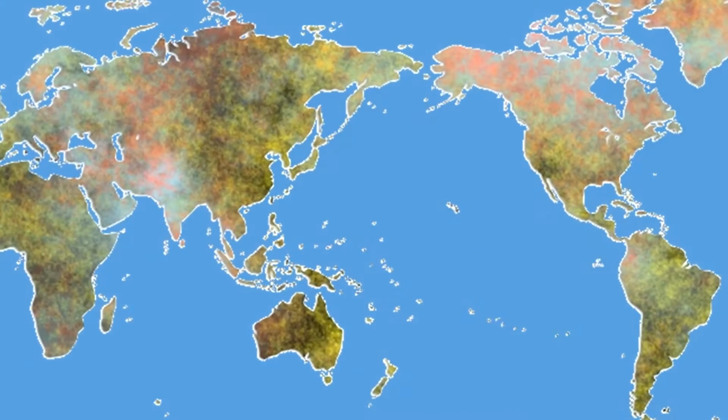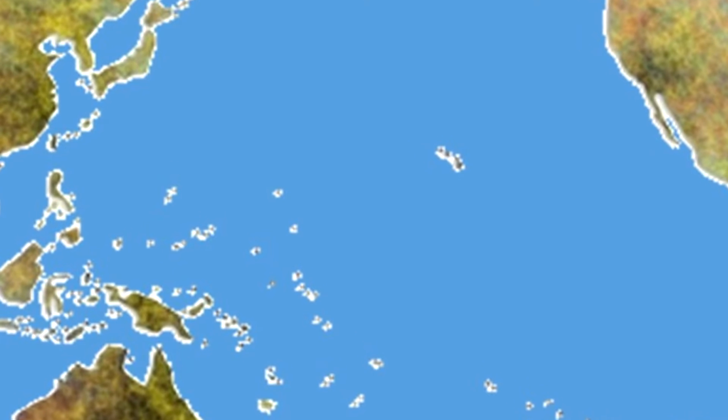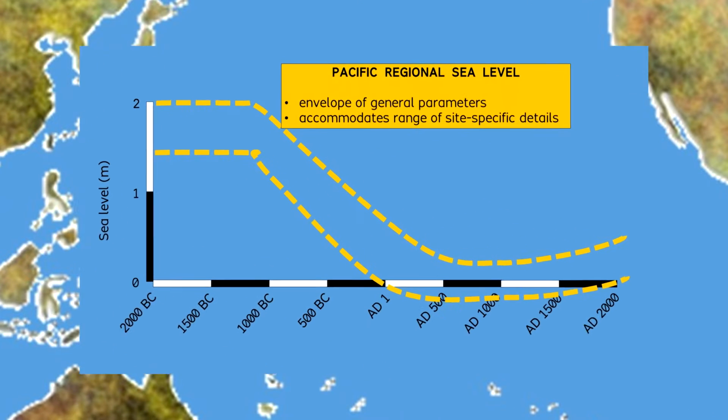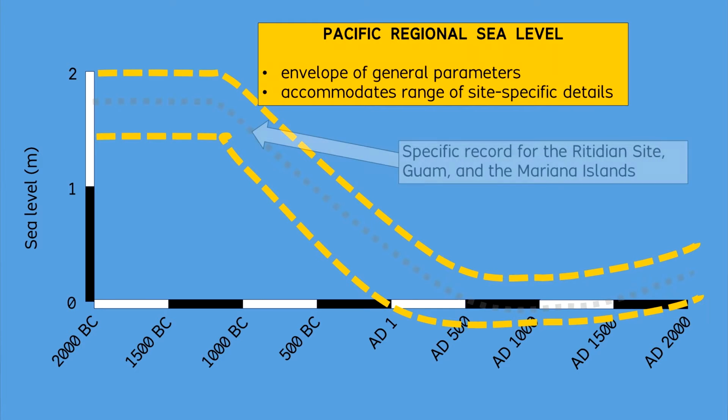Throughout the Pacific region, the records of tidal notches and ancient coral reefs have confirmed a region-wide higher sea level, sustained from approximately 3000 BC through 1000 BC. Enduring through this 2,000-year-long period, the sea level was between 1.5 meters and 2 meters higher than today.